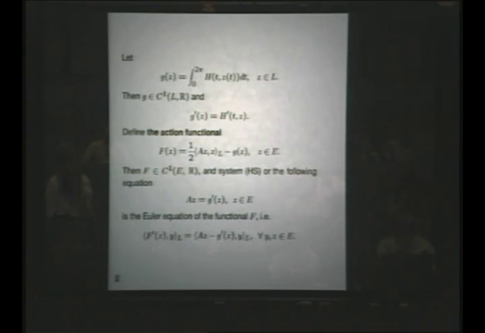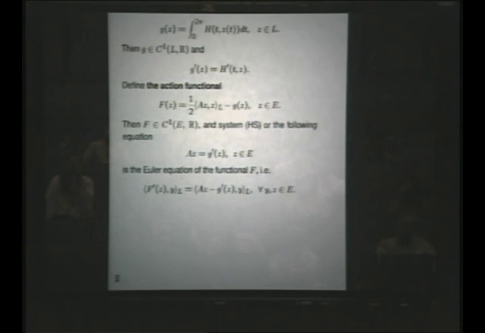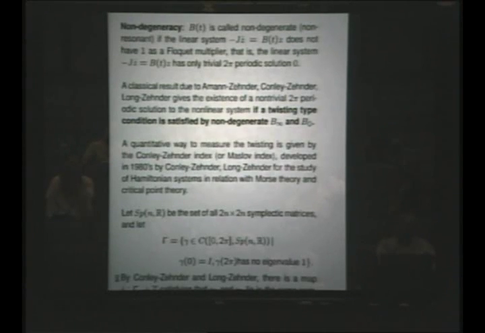To discuss the twisting condition, we need to introduce a few things. Non-degeneracy first. This B sub t is always a 2-pi periodic continuous and symmetric matrix function here.